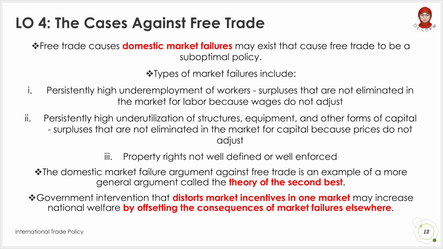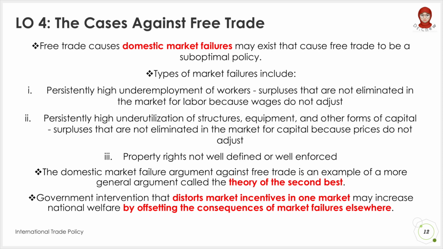Moreover, property rights may not be well defined or well enforced, since there is no protection or intervention from the government under free trade. The domestic market failure argument against free trade is a particular case of a more general concept known in economics as the theory of the second best.